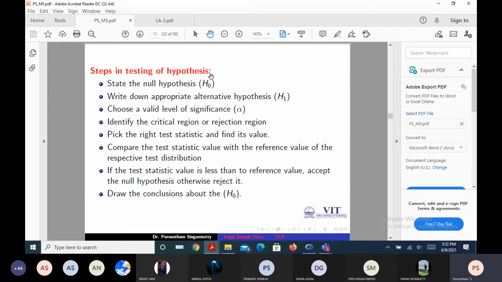We have to state the null hypothesis, the alternative hypothesis, and the level of significance given in the question. If the level of significance is not mentioned in the question, by default you choose alpha as 5%. And what would be the reason that you are going to reject the null hypothesis? All these things to be stated very clearly.